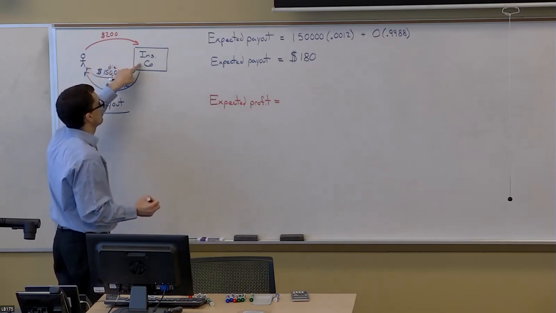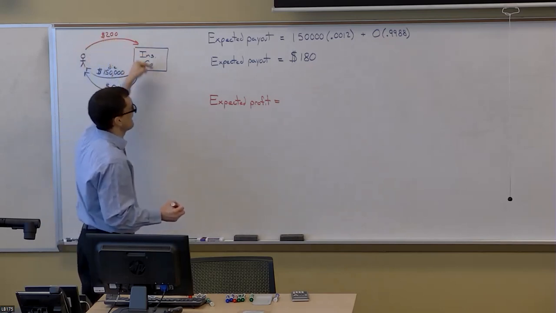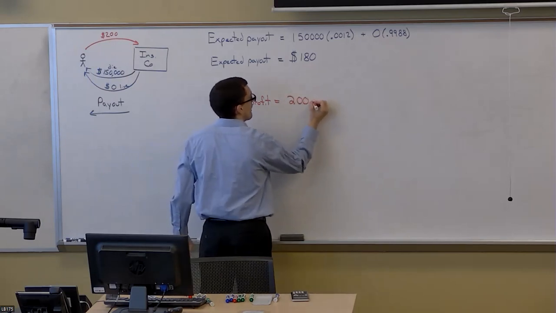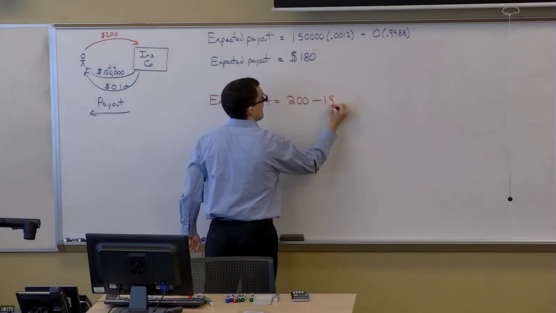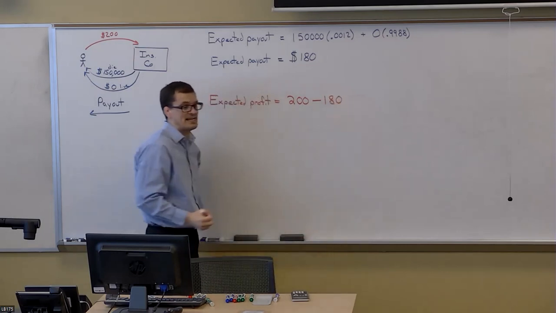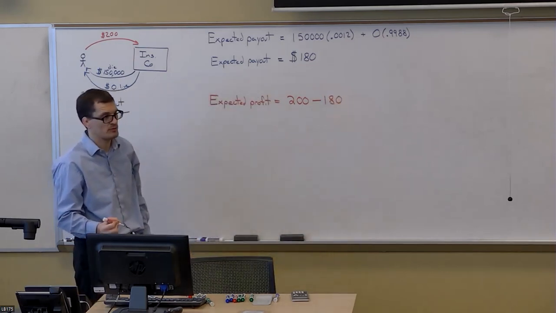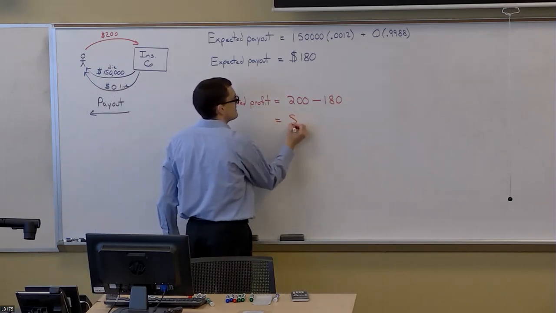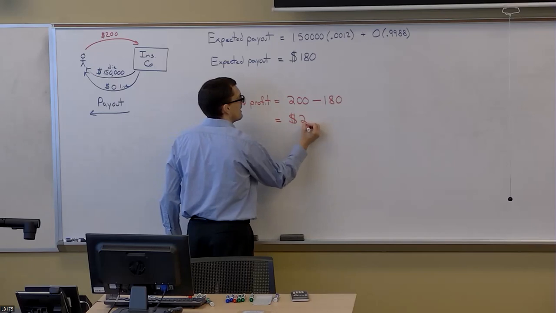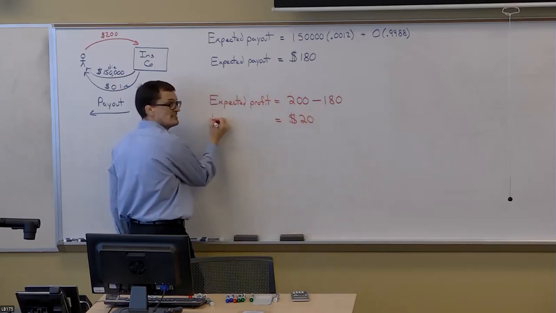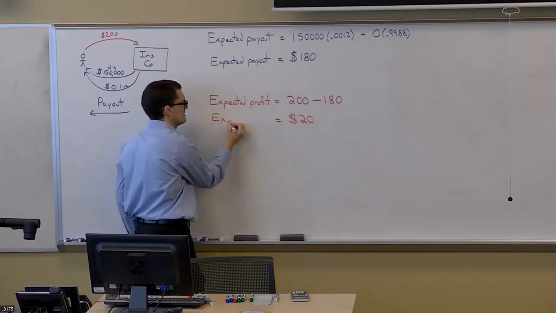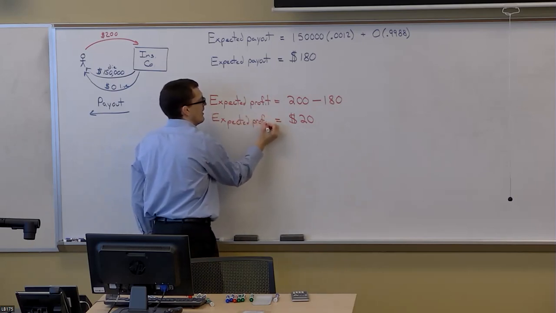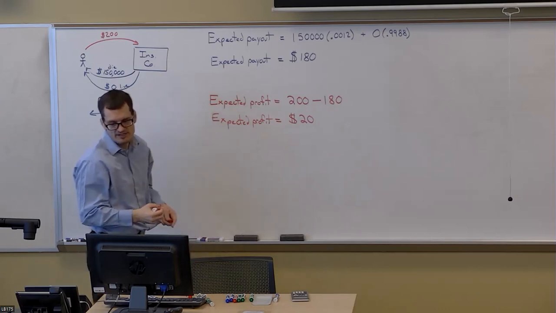So if we are the insurance company, we're getting in 200, but we're paying out 180 on average per person. And so the expected profit is $20. Did you get that?